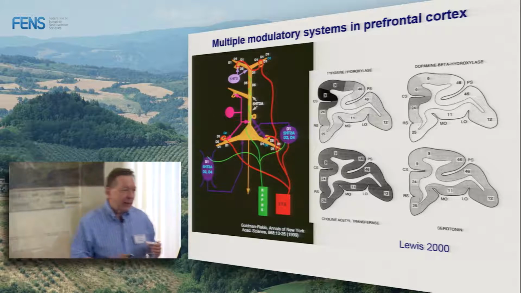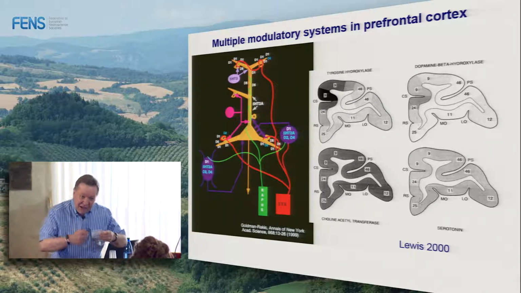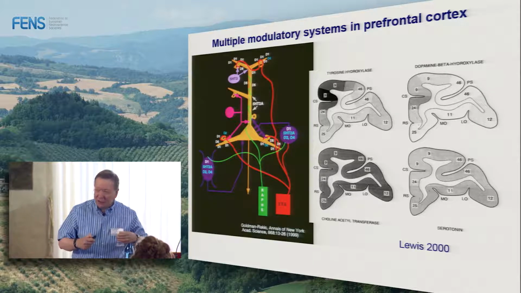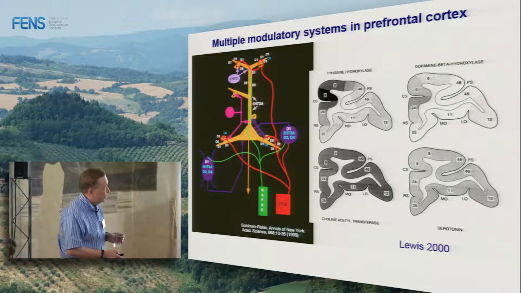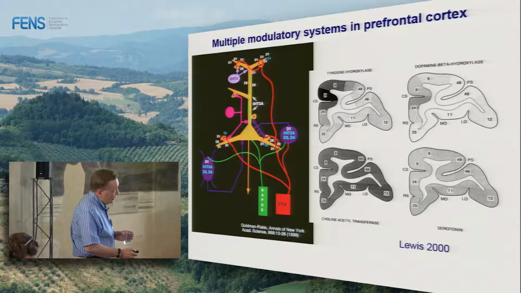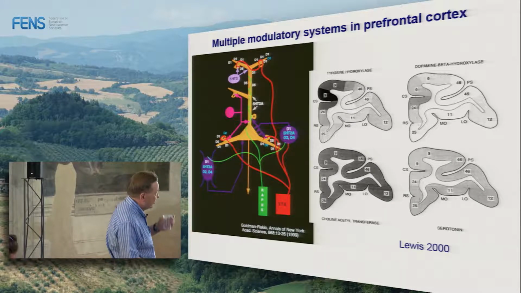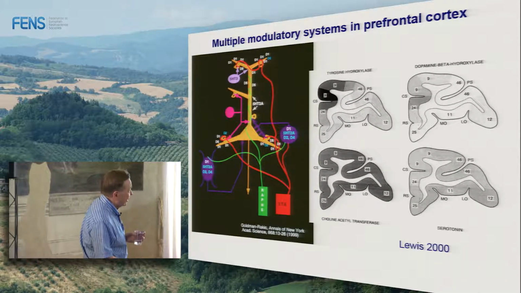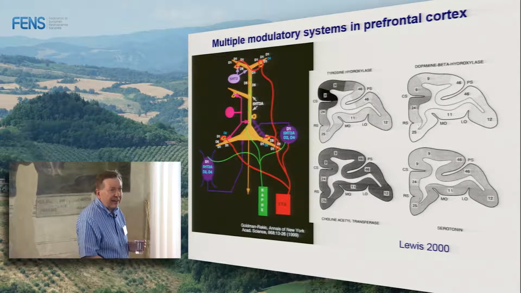So we have to learn more about the syntax by which these modulators are actually affecting neural activity to enhance information processing. And that's the kind of approach that we need to look at. But this slide also makes the point, this is work quite old now from David Lewis at Pittsburgh, using a variety of staining methods to show that there's heterogeneity in the way these things plug into the cortex.